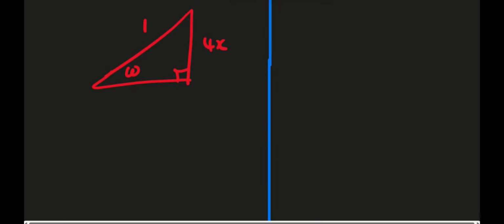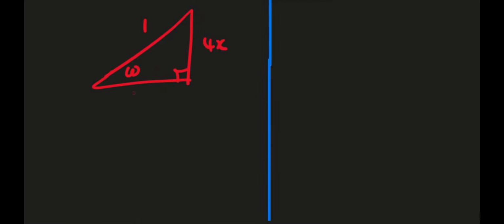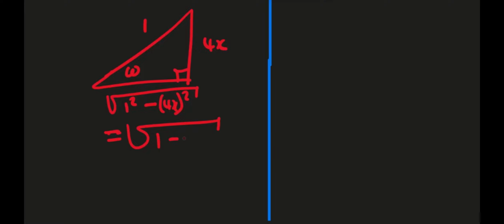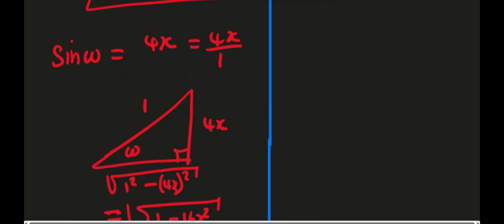We can use Pythagoras to get our adjacent side, which becomes square root of 1 squared minus 4x, all of this squared, which simplifies to 1 squared minus 16x squared. So I can rewrite that as the square root of 1 minus 16x squared. Cool.